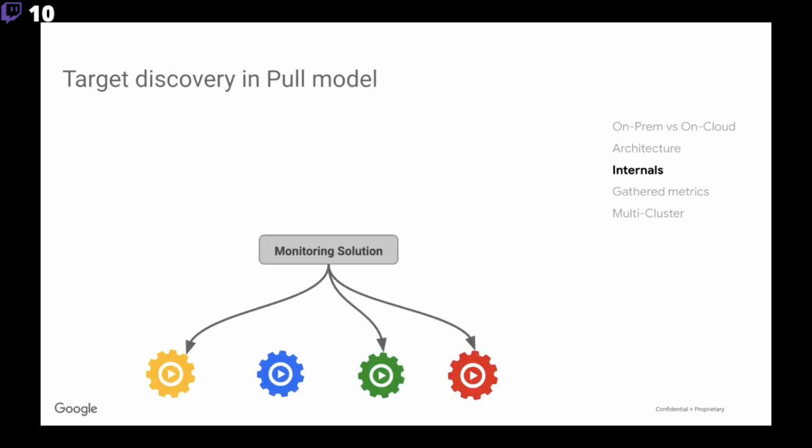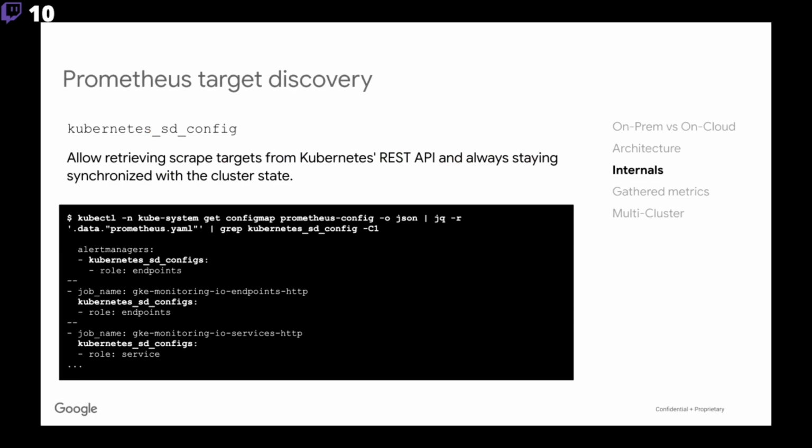All right. So the target discovery is as in Prometheus. We heavily use Prometheus, which has a very nice little built-in target discovery for Kubernetes, so we're using that. It's a thing called Kubernetes SD config, and you will see a bunch of config maps.